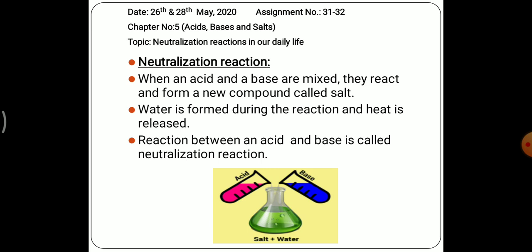So, when an acid is mixed with a base, they neutralize. What do you mean by neutralize? They cancel the effect of each other. As we can say they have the opposite charges, and when they mix with each other, they will cancel the effect of each other.